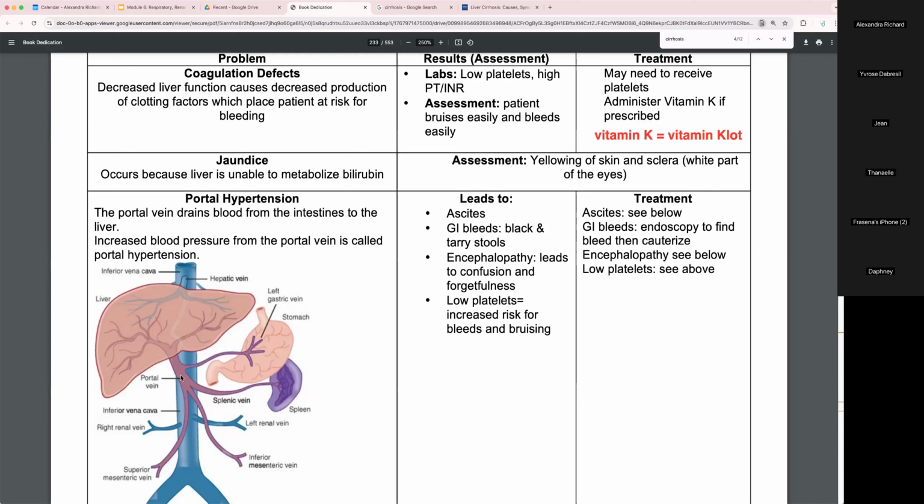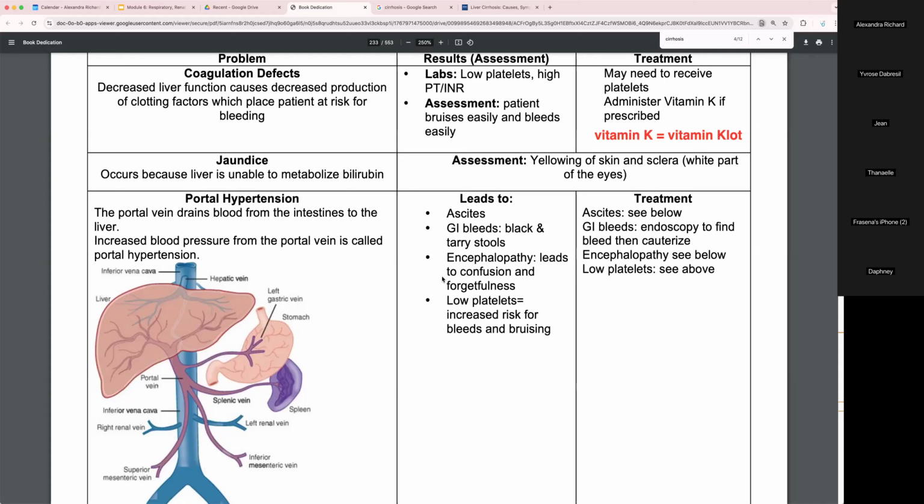So portal hypertension is going to lead to many problems. Portal hypertension is going to lead to ascites, which is a buildup of fluid in the abdomen. It can lead to GI bleed. It can lead to encephalopathy, and it can lead to low platelets.